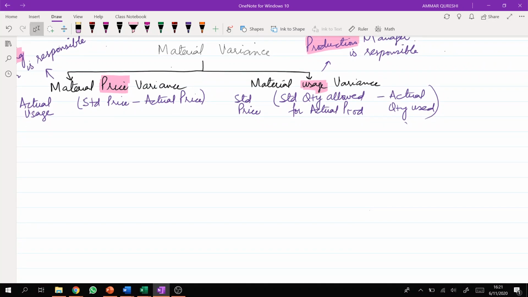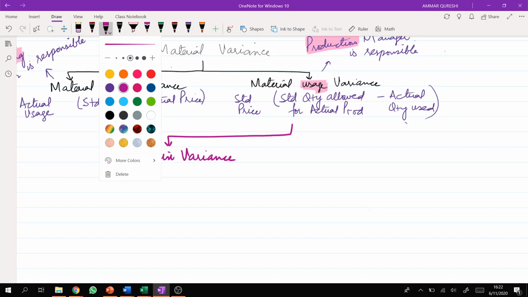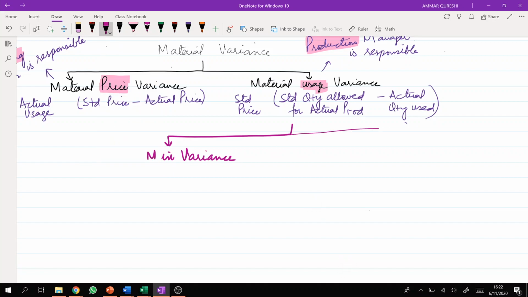Now we are going to introduce two more variances in material variances. The first variance is called material mix variance, and the second variance is called material yield variance.